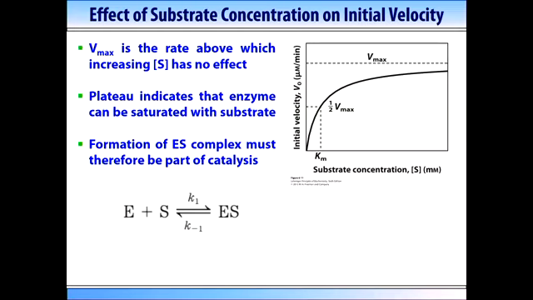It will be asymptotically trying to reach this Vmax limit. This is the maximum speed which the enzyme is capable of reaching.